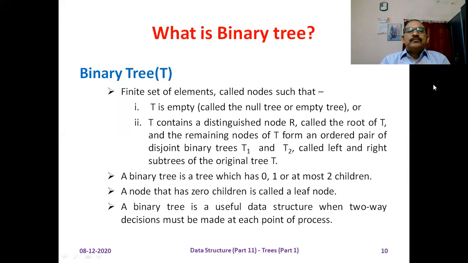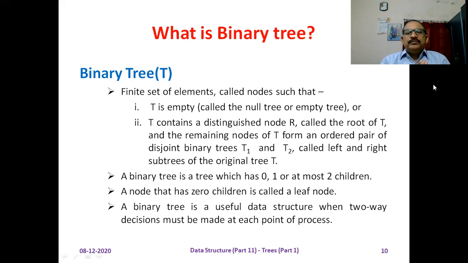A binary tree is a finite set of elements that is either empty or is partitioned into 3 disjoint subsets. One subset contains a single element, a node called the root node. The rest of the subsets are themselves binary trees, called the left and right subtrees of the original tree.